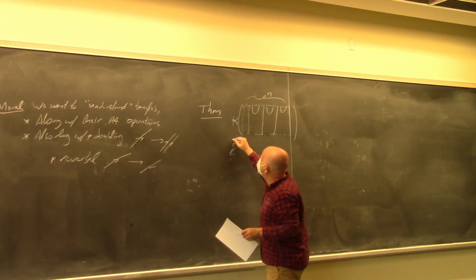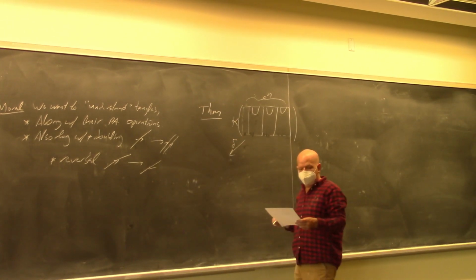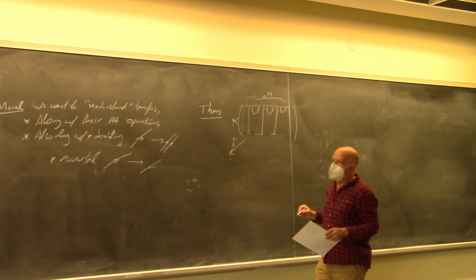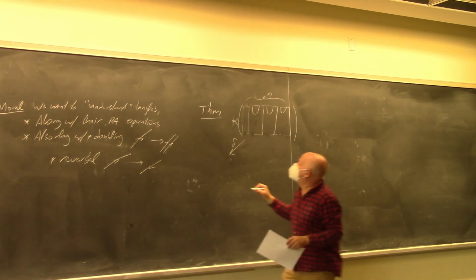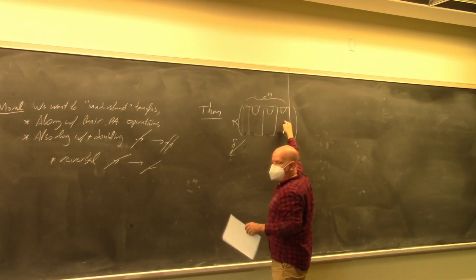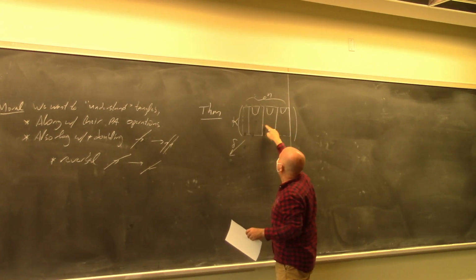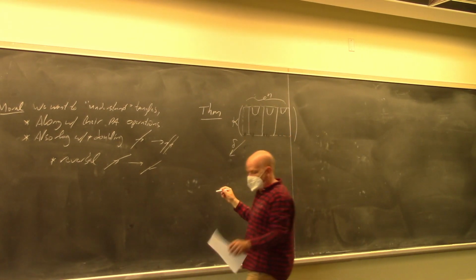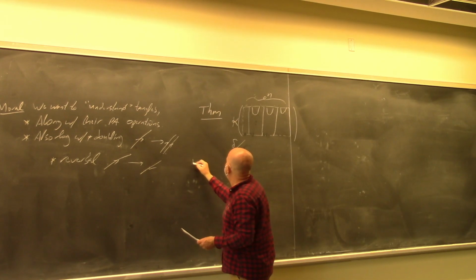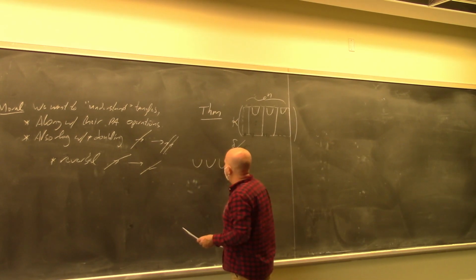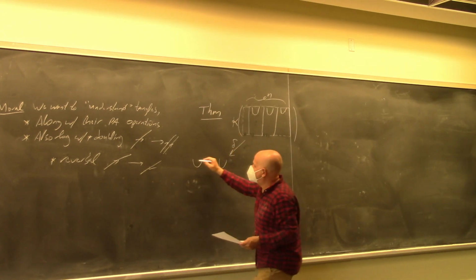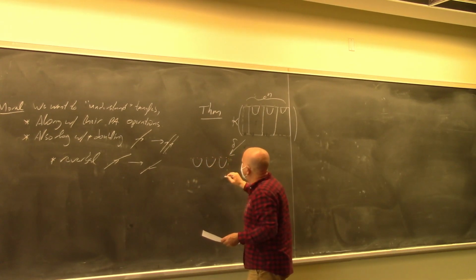I could apply the operation delta. So the operation delta deletes all the vertical lines. So you're only getting the cups, and you get n of them.